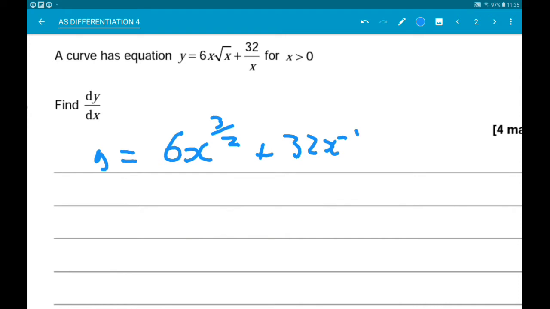Okay, now we can differentiate. So dy by dx is going to be 6 times 3 halves, which is 6 times 3 divided by 2, so that's 9, x to the 1 half.